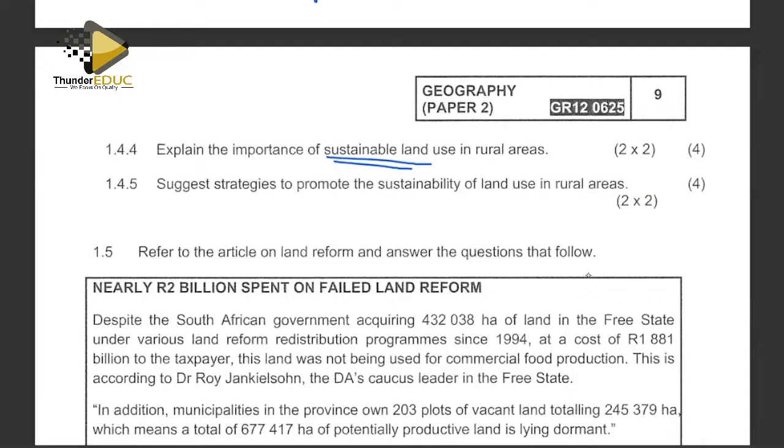So when you're looking at sustainable land use in rural areas, why is it important? You can talk of increased productivity. If we do sustainable agriculture, it's more productive, we end up having more yield. Or we can talk of it also assisting in job creation.